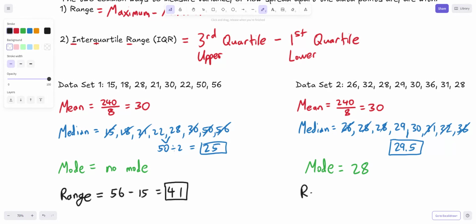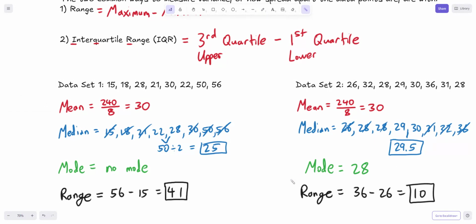Data set 2, if we measure the range, largest number is 36, smallest number is 26, so the range is only 10. Notice how there's a drastic difference in variance, right? Because here the range is a lot smaller. That means the numbers are much closer together. Here the range is a lot bigger.